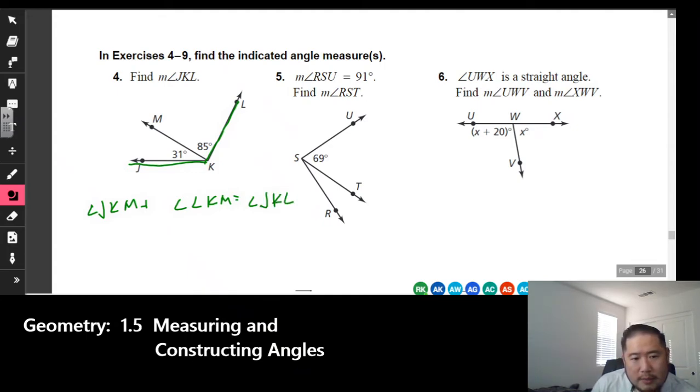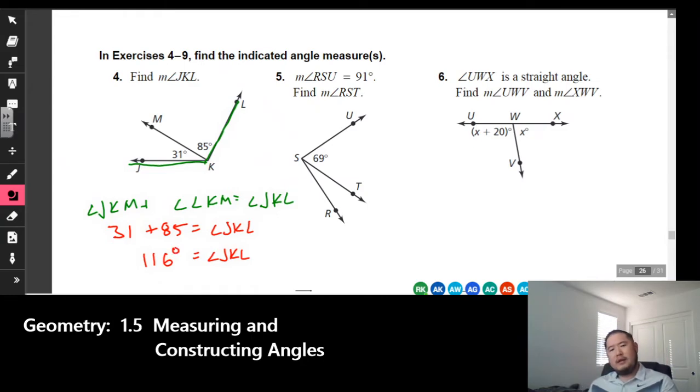So we plug things in: 31 plus 85 is equal to angle JKL. Adding that up, angle JKL is 116 degrees. That is the use of the angle addition postulate.